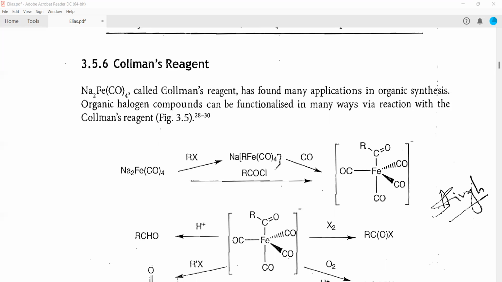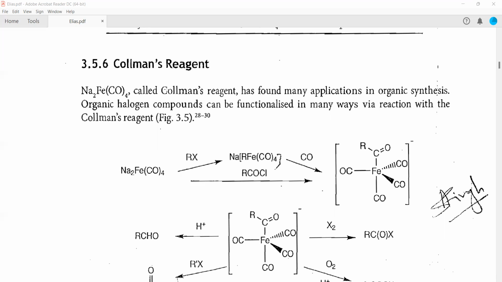Organic halogen compounds can be functionalized in many ways via reactions with Collman's reagent. So if you use some organic halide, then what can happen? This R can be present, so the metal alkyl, or rather an organic bond, forms: the metal and then some organic group.